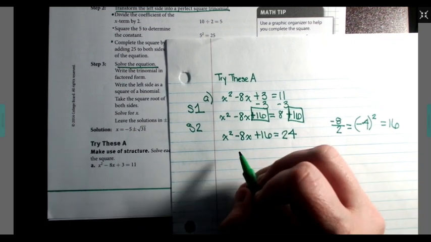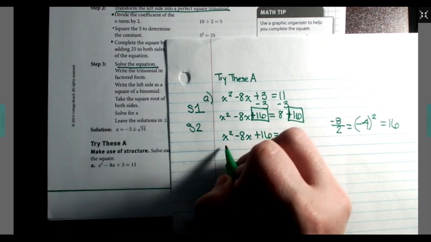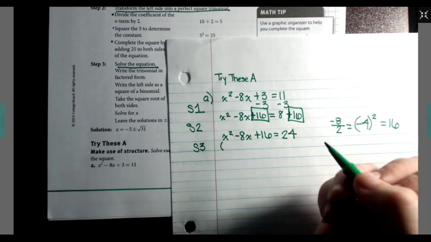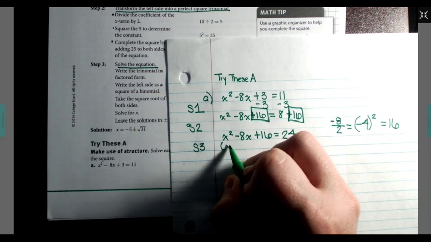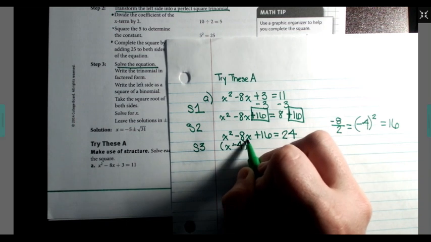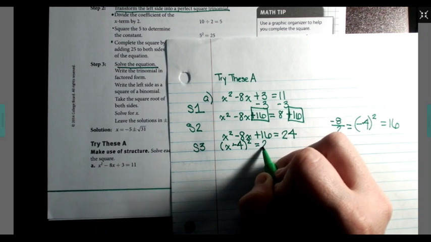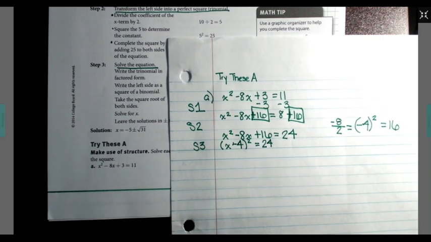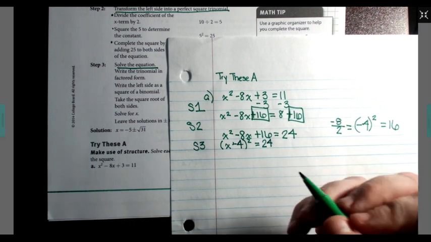Next thing we're going to do is rewrite this, step 3, as a perfect square trinomial. So this is going to be x minus 4 to the second power equals 24. Solve for x.